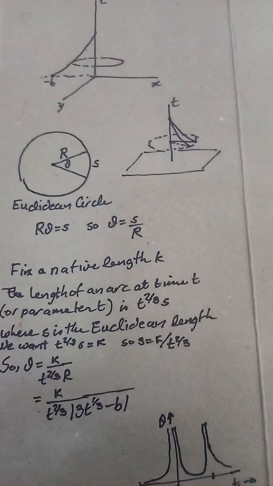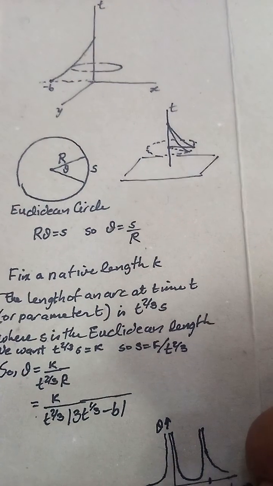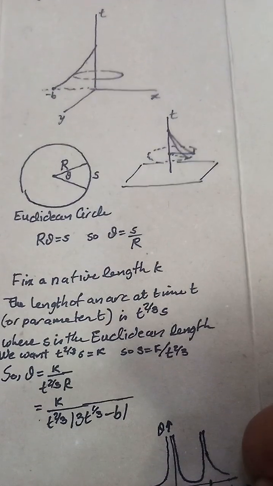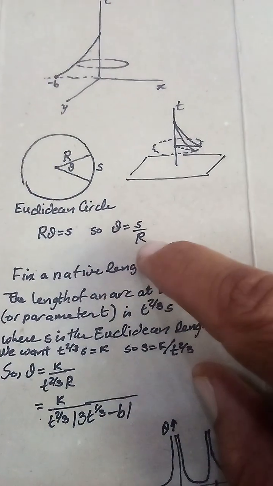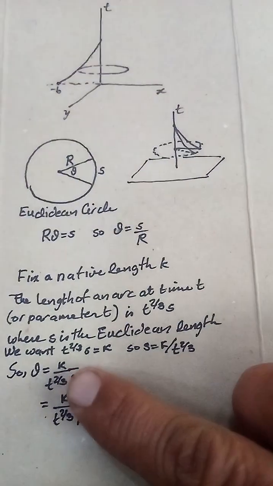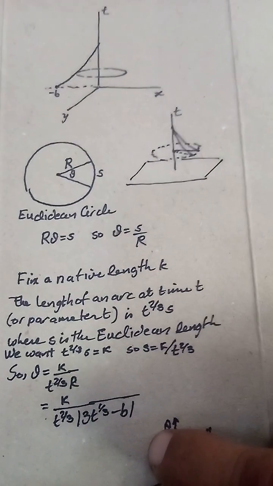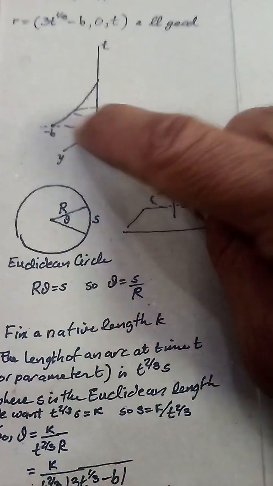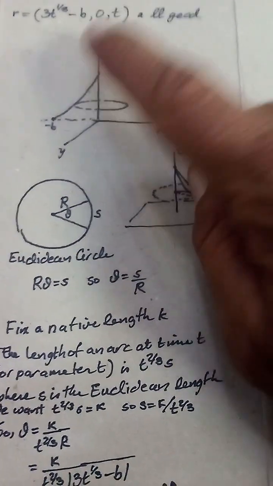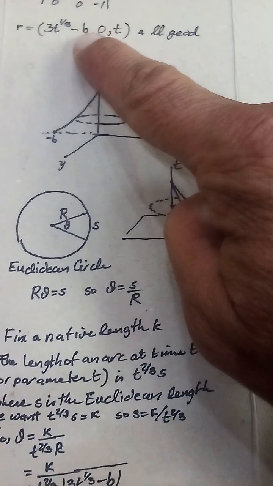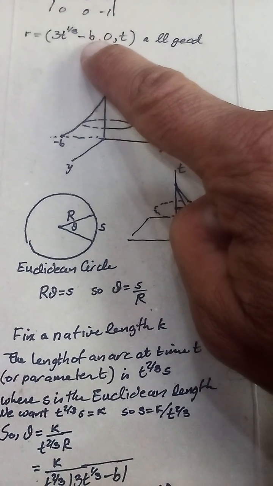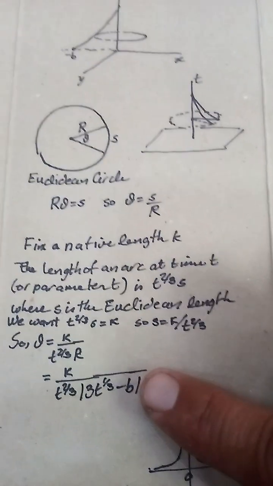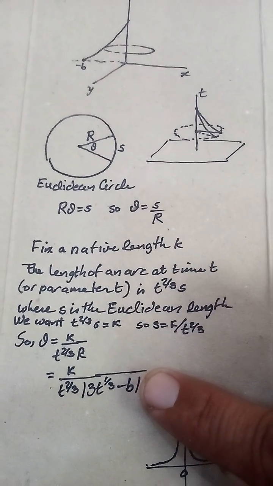Now your angle theta is going to be that s, which is k over t to the 2/3, divided by r. That's what we saw in this formula right here. The distance out to this point is the x coordinate of that light-like geodesic, and therefore we have the absolute value of 3t to the 1/3 minus b.